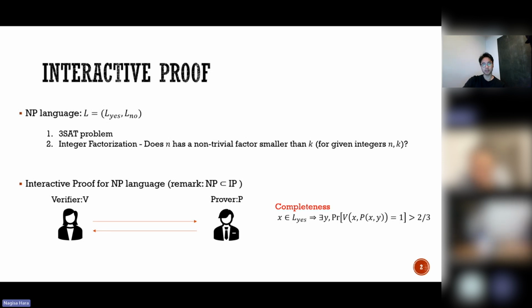If it's a yes instance, then there's some information that is useful to convince the verifier with probability larger than 2/3. And then you also consider soundness, namely if it's a no instance, then no information is helpful to convince the verifier with probability more than 1/3.